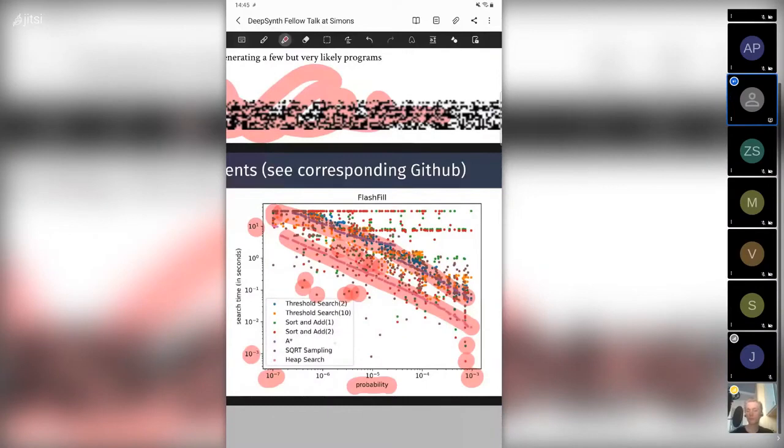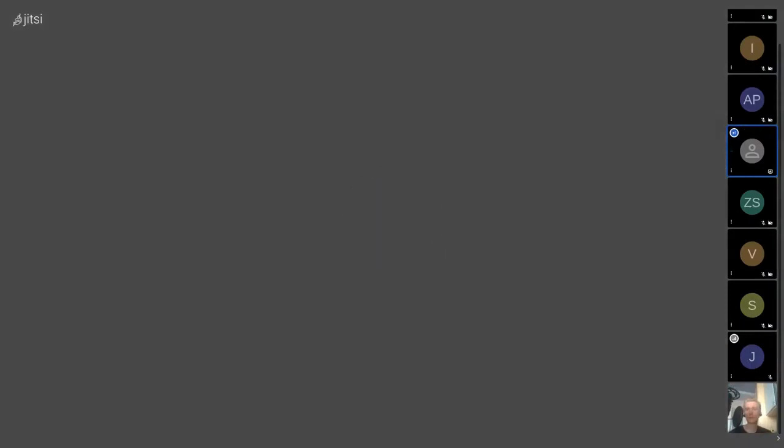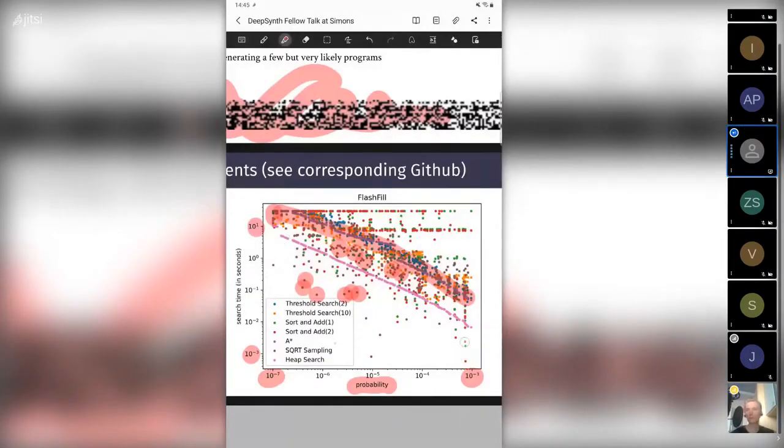So the conclusion of this is that you should try to get the best of both worlds. Have some deterministic enumeration, that's this guy here, and then also try your luck with sampling algorithms that sometimes very efficiently find unlikely programs.